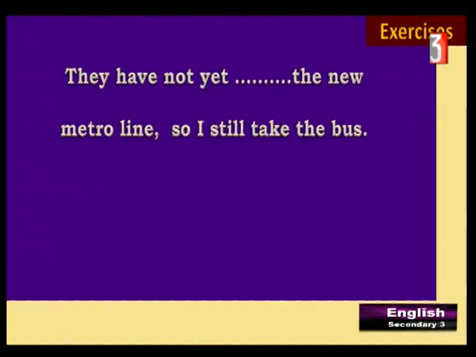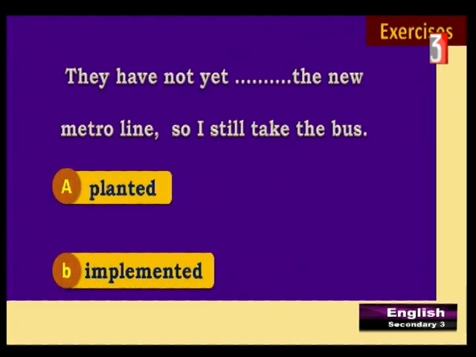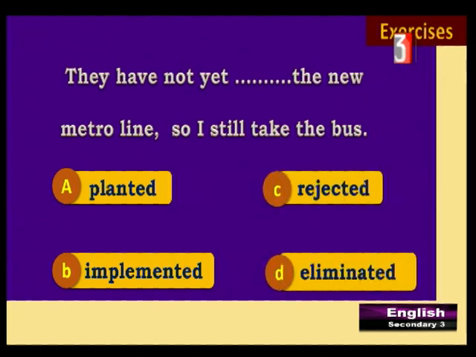Okay. Next sentence here you have: they have not yet ___ the new metro line, so I still take the bus. It means that something is not set up ready, so I still take another means of transportation, so I have to see what's done over there. So is it planted, implemented, rejected, or eliminated?